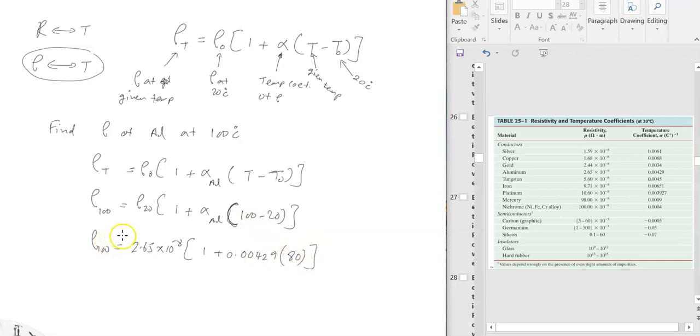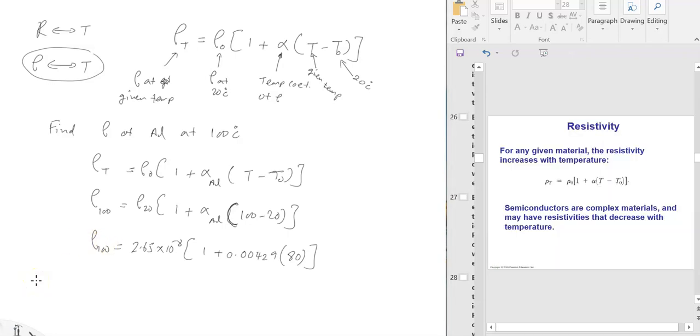Now take the calculator and do the math. Okay, so we do expect a higher resistivity, right? We are looking at resistivity at a higher temperature, at 100 Celsius, so it has to be higher than what it was.